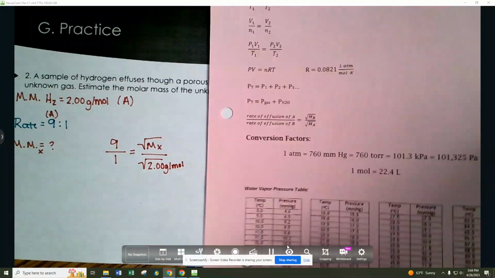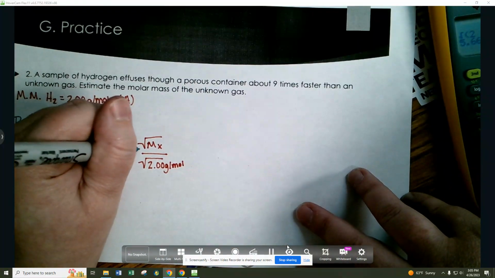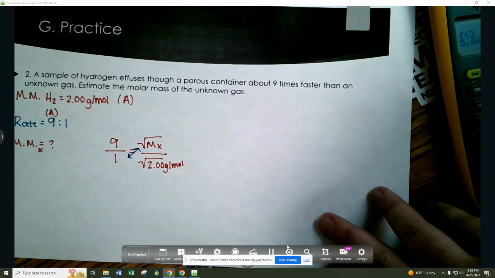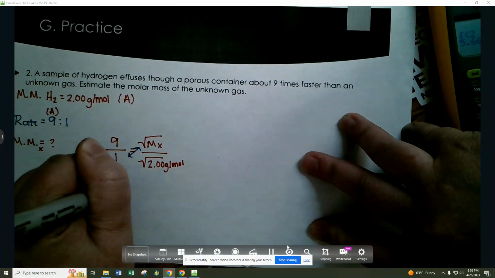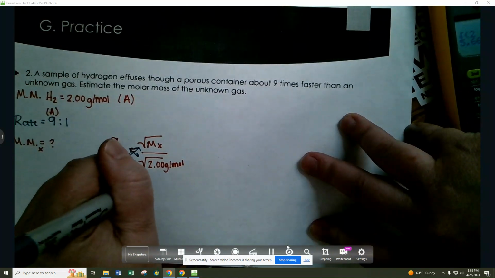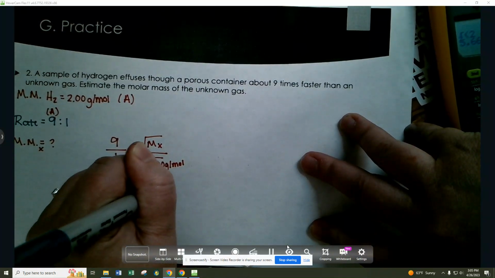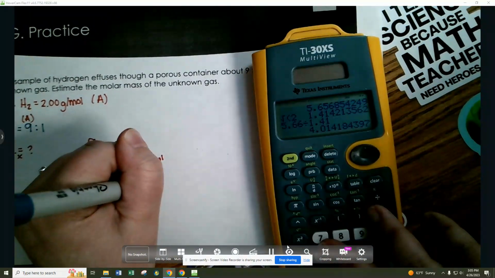So now it becomes a breakdown of doing some different algebra than we've done, but we're still cross multiplying. So when I simplify this, I end up with the square root of the molar mass of X is equal to 9 times the square root of 2, and this is grams per mole.